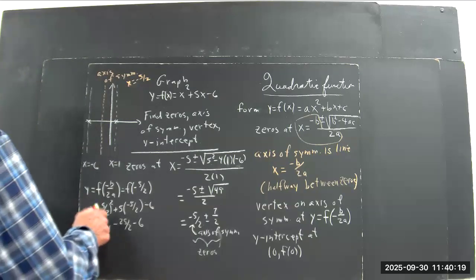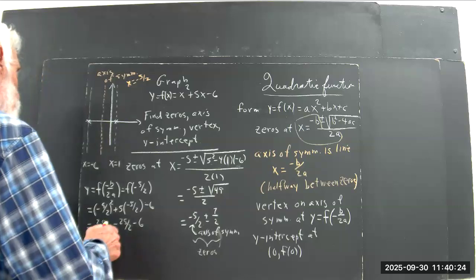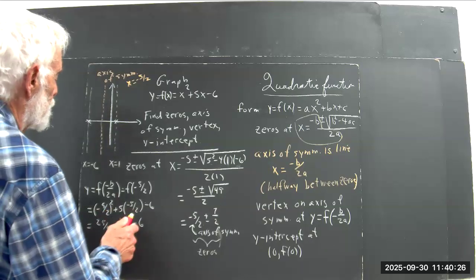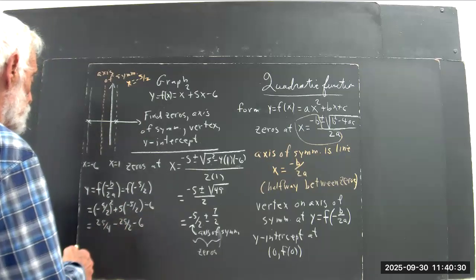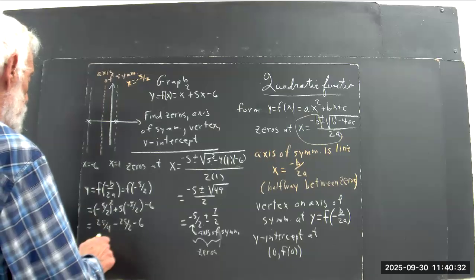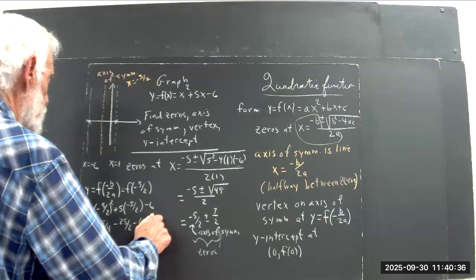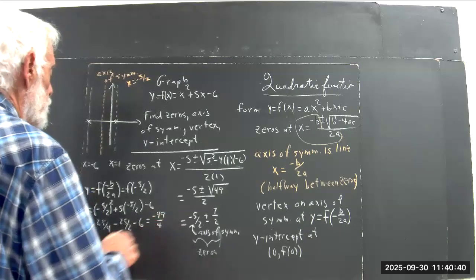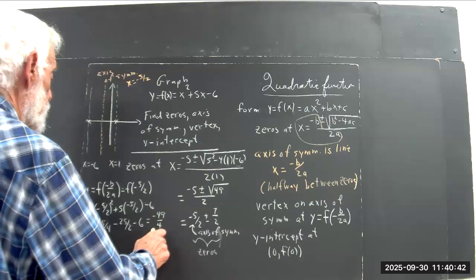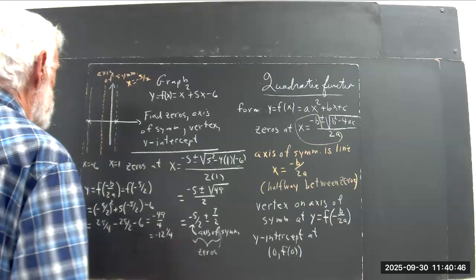Well, this ends up being negative 25 fourths minus 6. Negative 25 fourths minus, well, 6 is 24 fourths. It's negative 25 fourths minus 24 fourths, and that is negative 49 fourths, which equals negative 12 and a fourth.